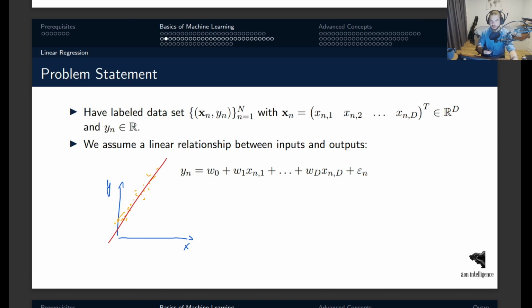And in a future slide, I will make very explicit what I mean with the line of best fit. But I hope you see that such a line would describe the relationship between the x's and the y's quite well. So of course there's deviation. These are the epsilons. But still, this is a pretty good fit to our data, wouldn't you say?